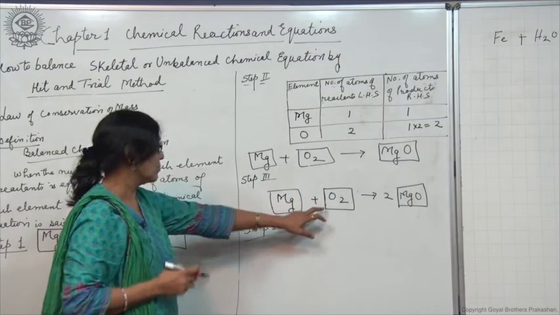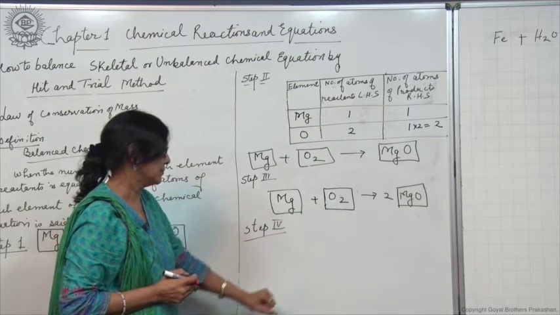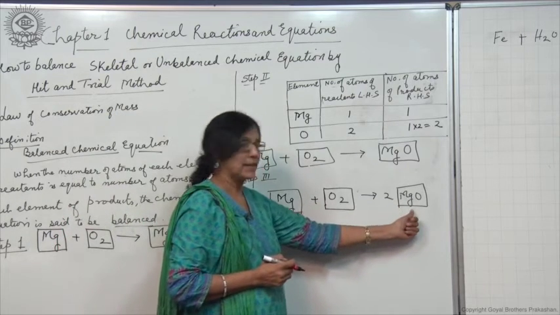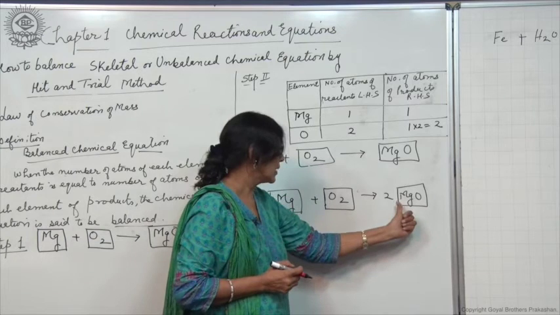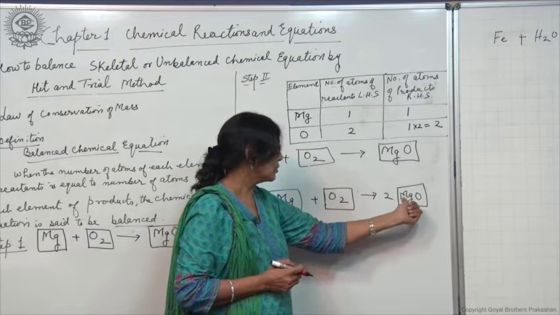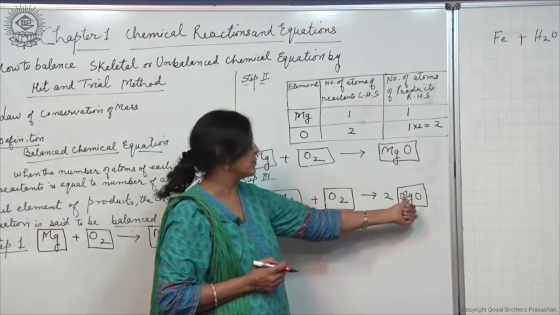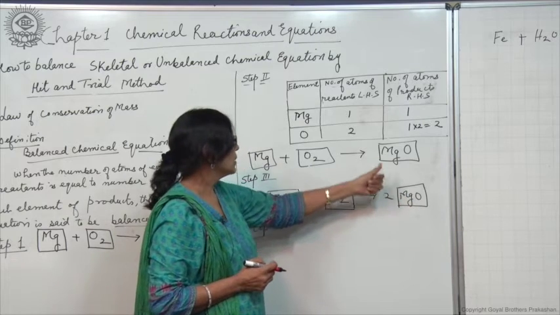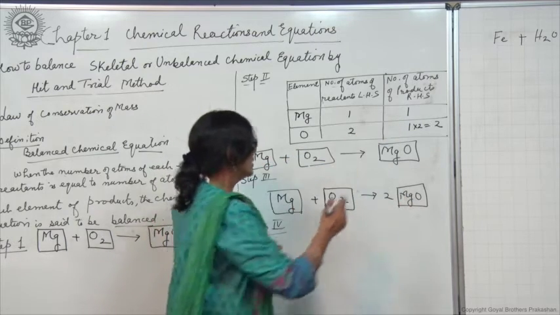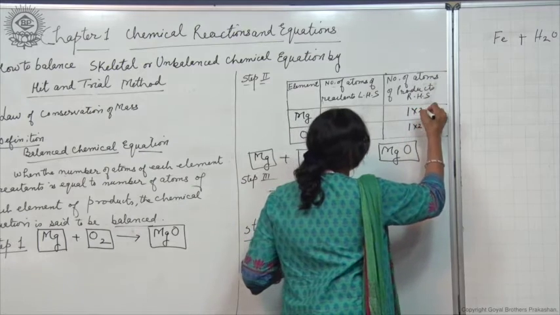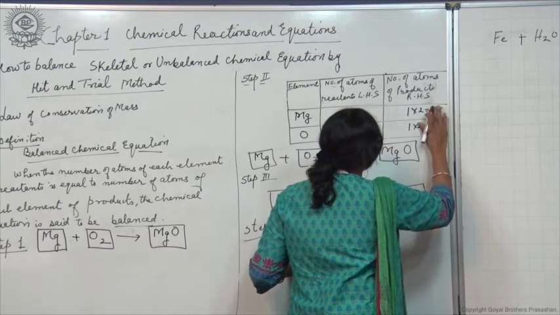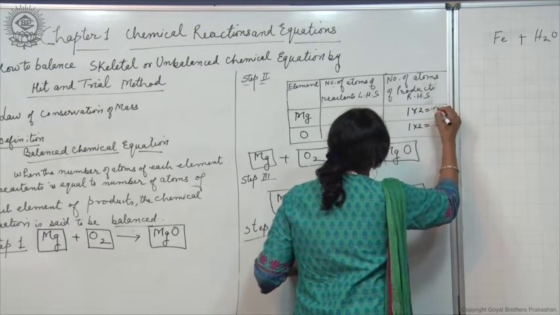Oxygen atoms have become equal to 2, but the 2 is outside the bracket, outside the box, and it also makes the number of magnesium atoms equal to 2. So here on the right hand side the number of magnesium atoms has also become equal to 2.